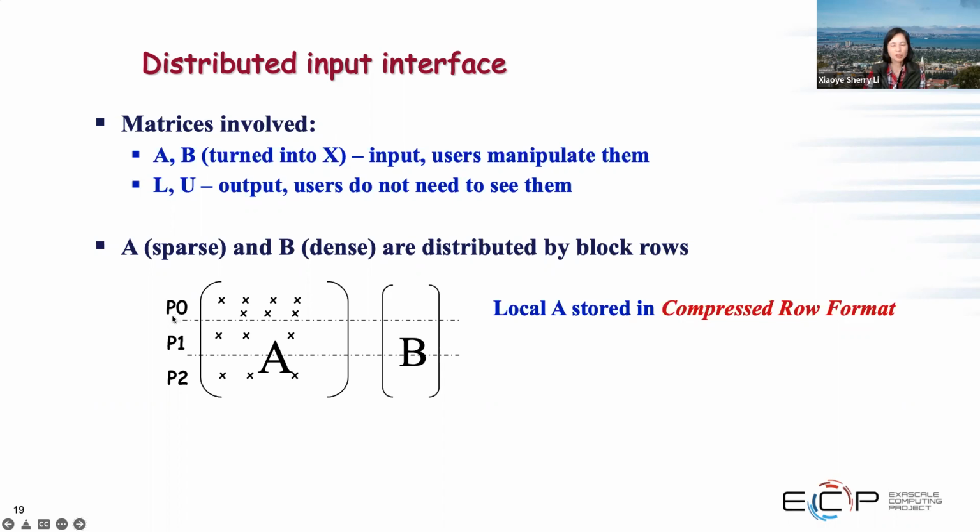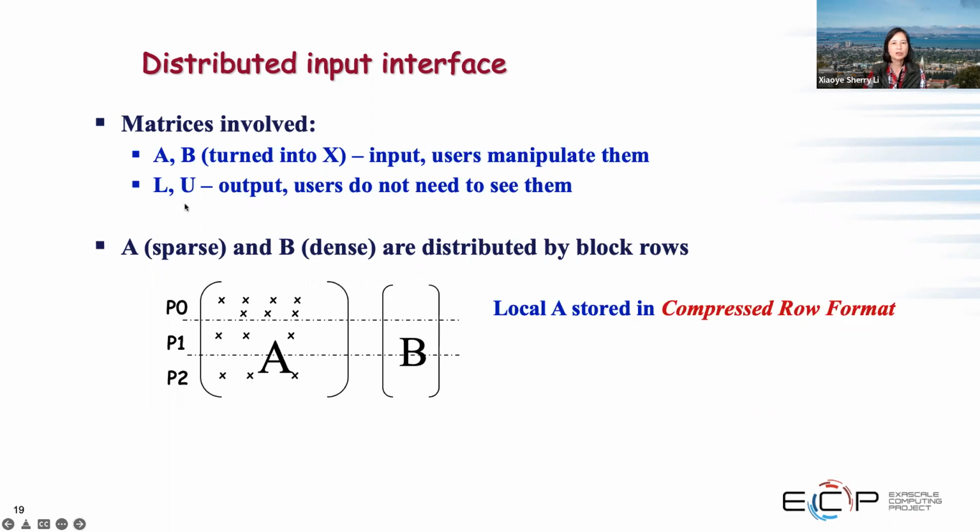You partition by block row, and each process has a part of the whole matrix. Within each process, you use a CSR format or CSC format. So from the user point of view, it's relatively easy. And B is usually a dense matrix, so it could be the standard column-wise dense format.